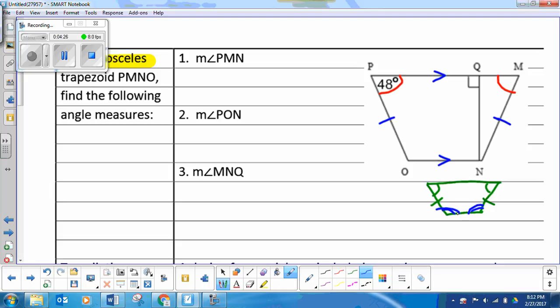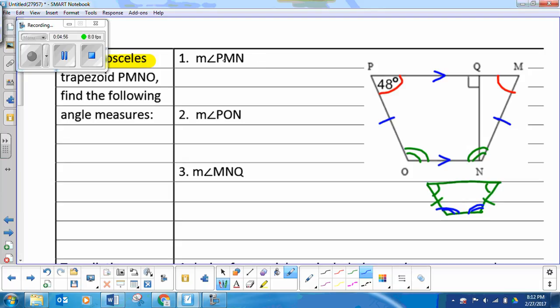So these two are congruent as well. Just to show that in our picture above, I would show it here and here. Keep in mind I'm crossing over that angle here. Don't let this line scare you. It's just in the way. But nonetheless, we do have congruency here and here. So that's what I can mark at this point. I can put some other values in there, but let's just find out what they're looking for first. So the question is, we're looking for the measure of angle PMN.